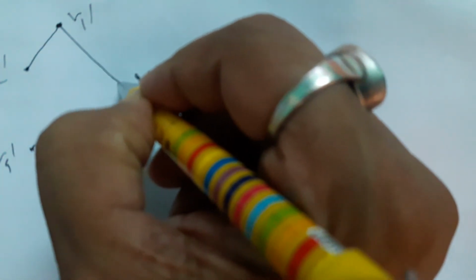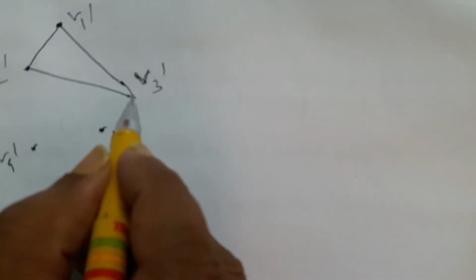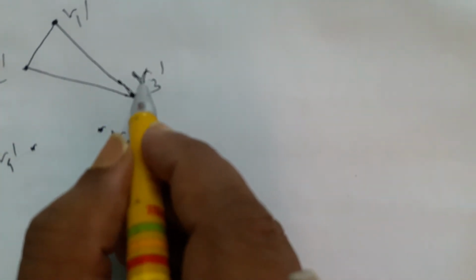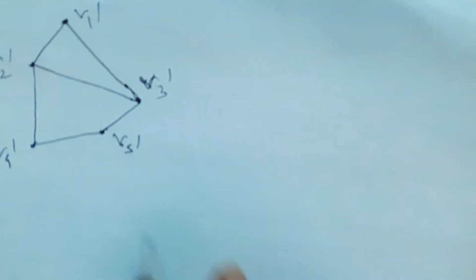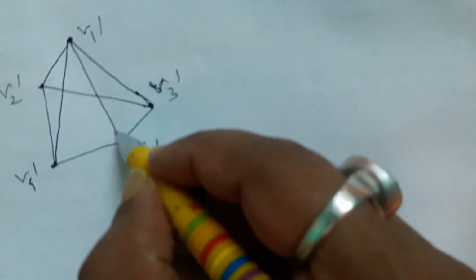If we consider this type of graph, now joining these vertices, V3 dash and V4 dash, joining these two vertices as well as these vertices in this way, we consider it as the graph G.